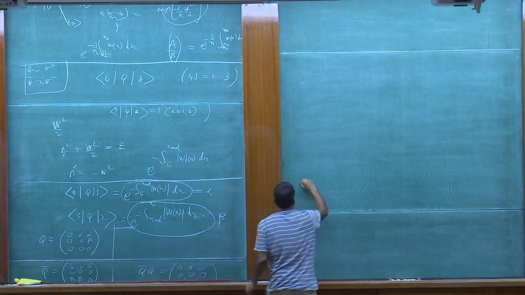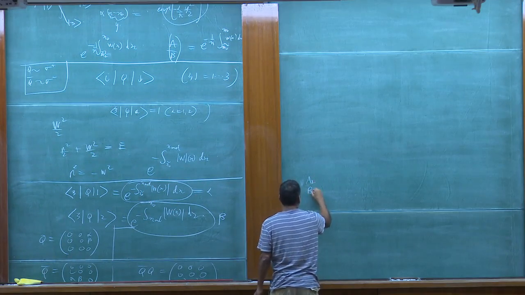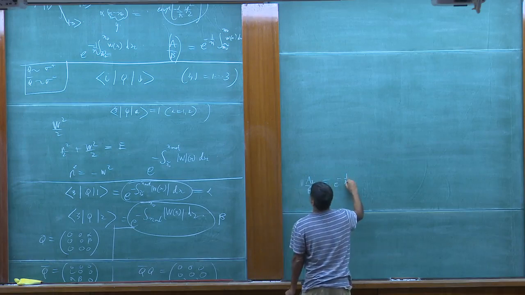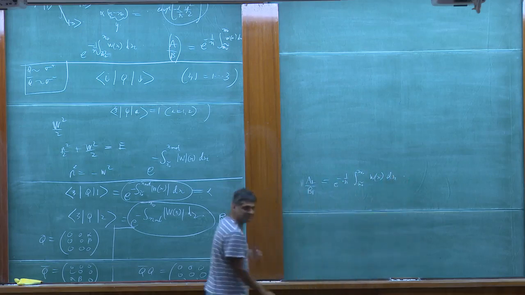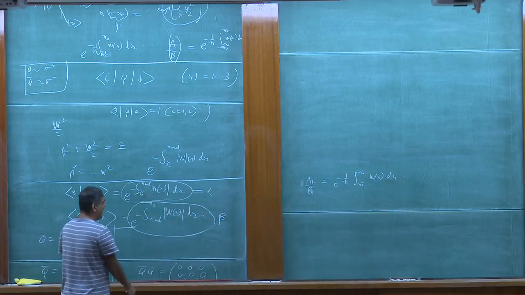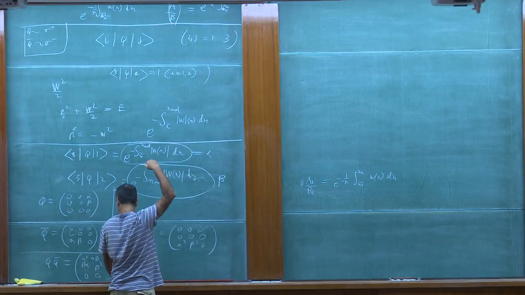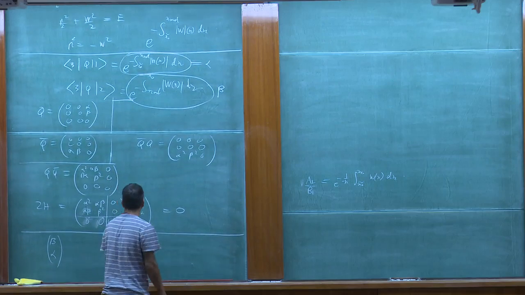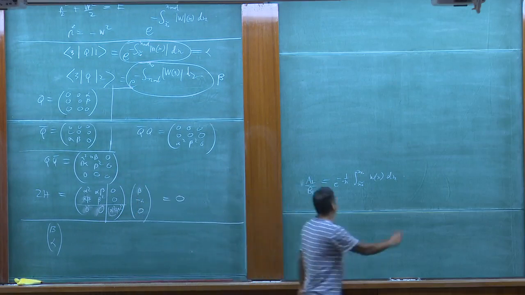A, which we'll remind ourselves is 2, by B, which is 1, was equal to e to the power minus 1 by h bar integral from x naught tilde to x naught of w of x dx. But A was what we called 2, so it should be this by this. So this we should identify with alpha by beta.